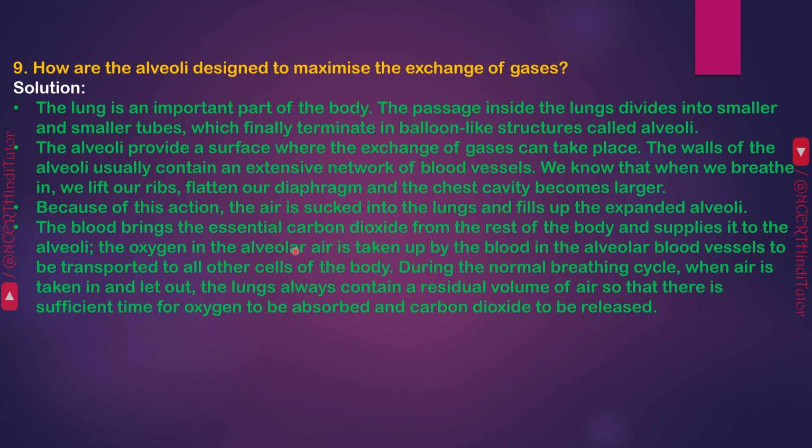The oxygen in the alveolar air is taken up by the blood in the alveolar blood vessels to be transported to all other cells of the body. During the normal breathing cycle, when air is taken in and let out, the lungs always contain a residual volume of air so that there is sufficient time for oxygen to be absorbed and carbon dioxide to be released.